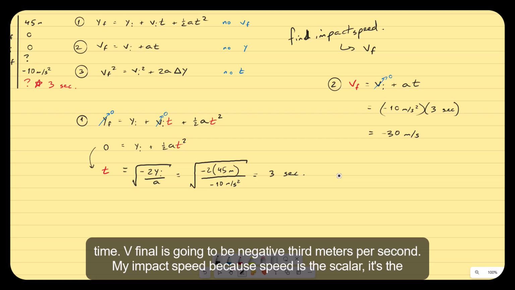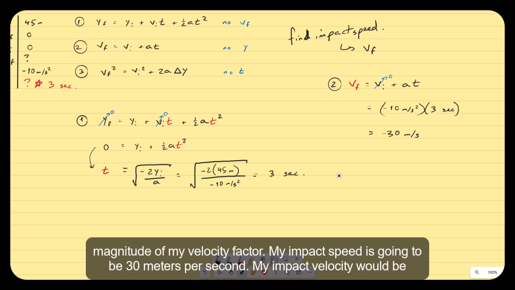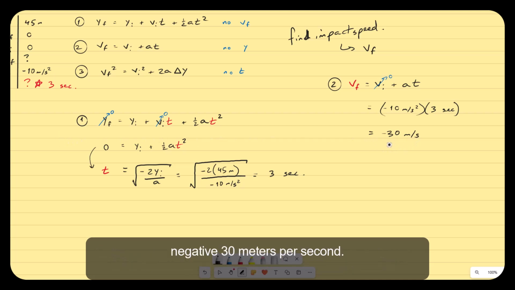V final is going to be negative 30 meters per second. My impact speed, because speed is the scalar, the magnitude of my velocity vector, is going to be 30 meters per second. My impact velocity would be negative 30 meters per second in the y direction.